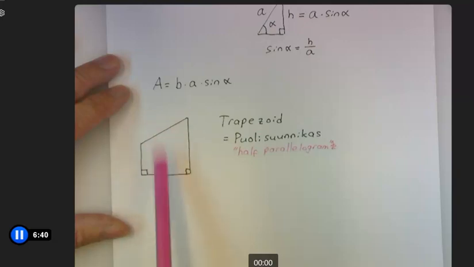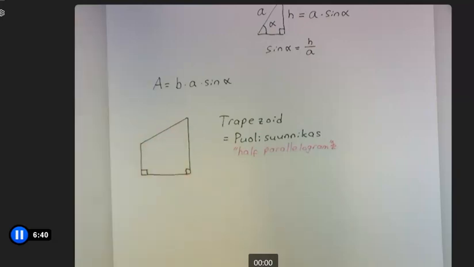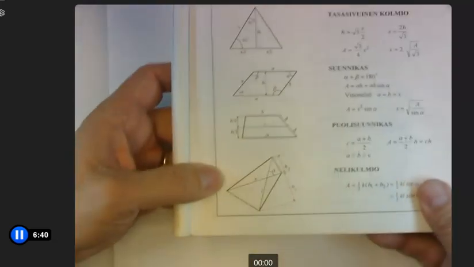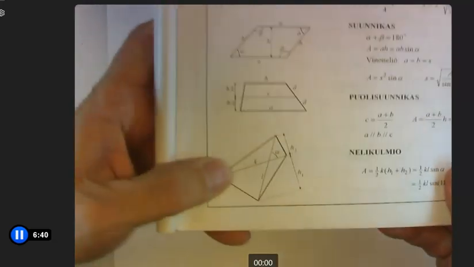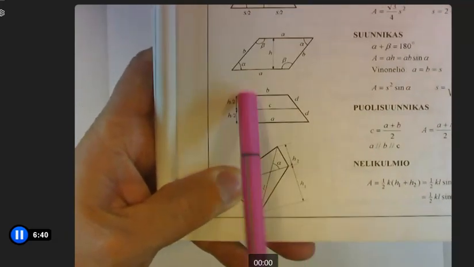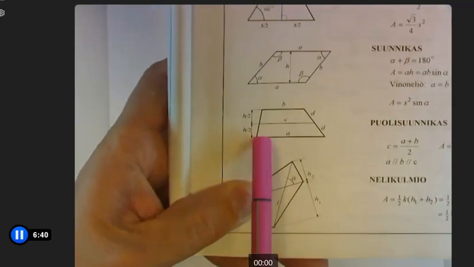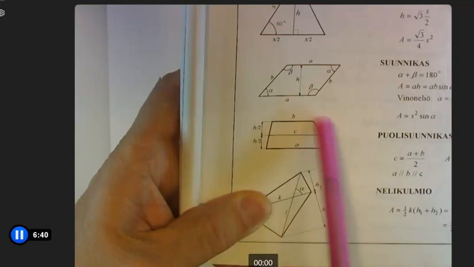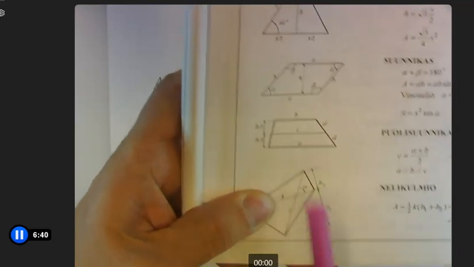The other sides may be in whatever direction. For example, in this formula book, the puolisuunnikas is drawn in this way. The important thing is that these sides are parallel and the others may have whatever direction.